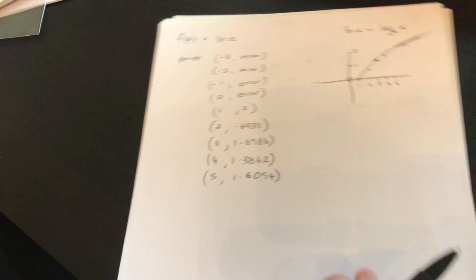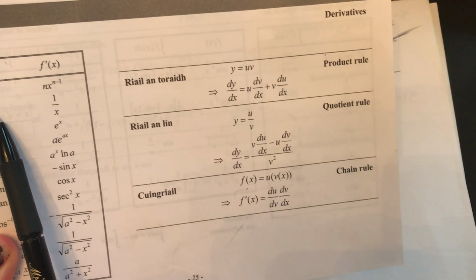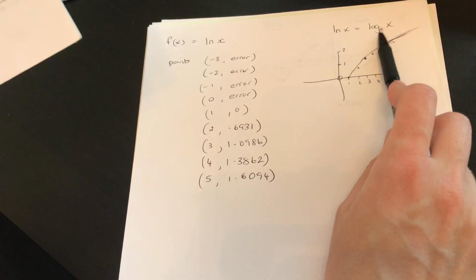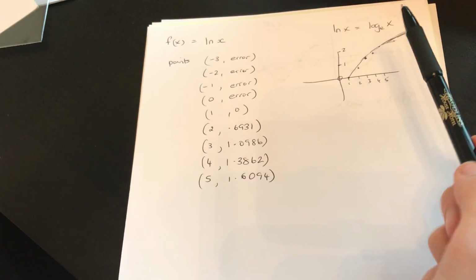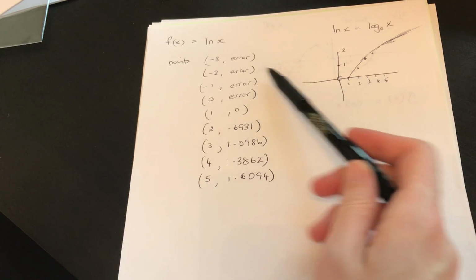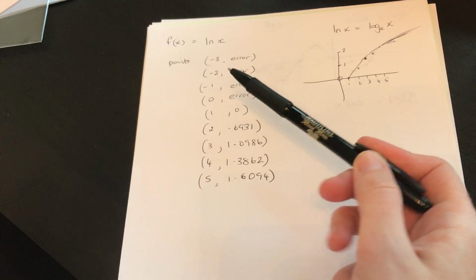There are other functions, so I said I'd have a look at this one. Log in base e. So log of x in base e is what this is. It's the shortened version of it. And if you want to know what that function looks like, I threw it into my calculator. I went from -3 up to 5.